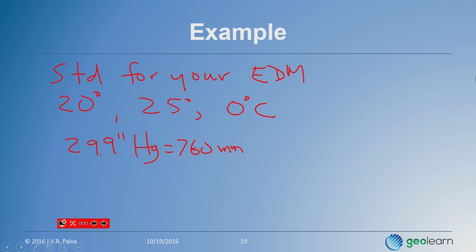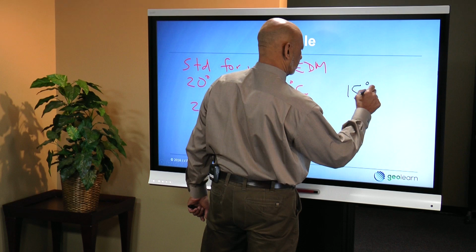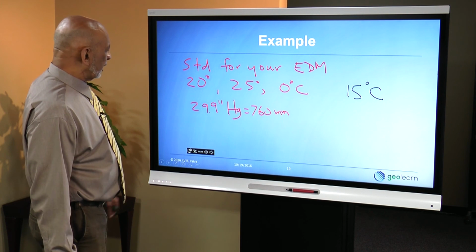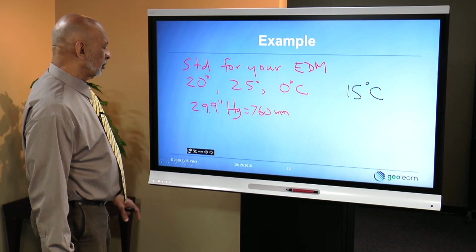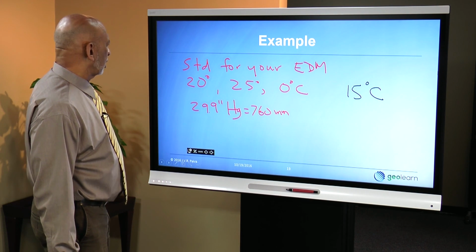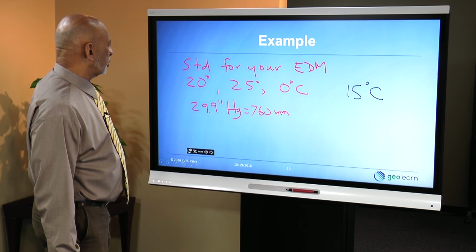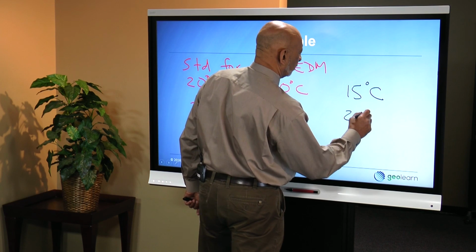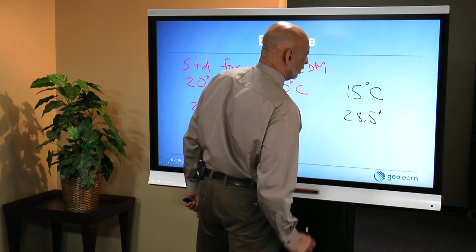So let's say you are making a measurement at, let's say, 15 degrees Celsius, and let's say that the pressure is 28.5 inches of mercury.